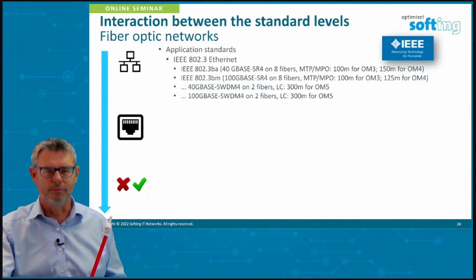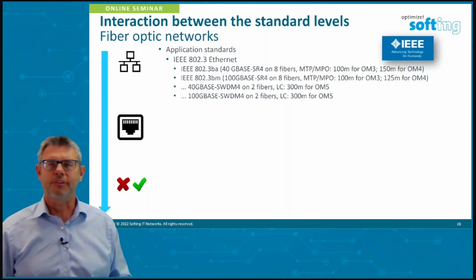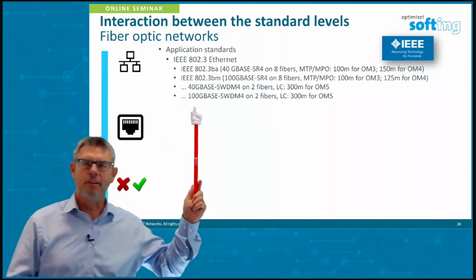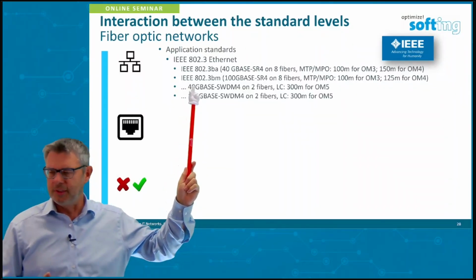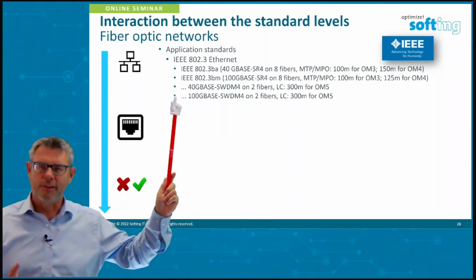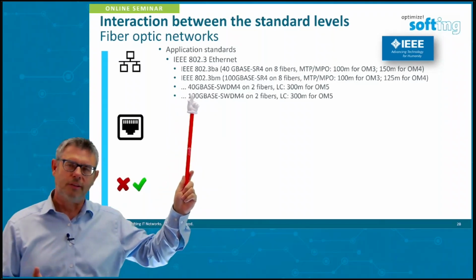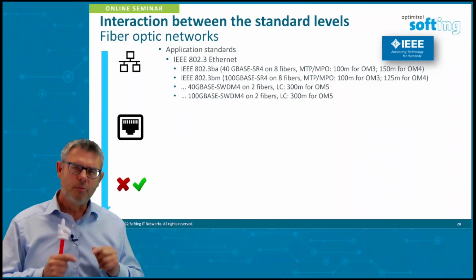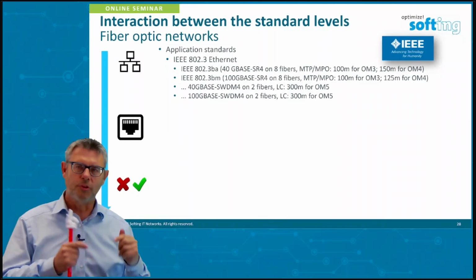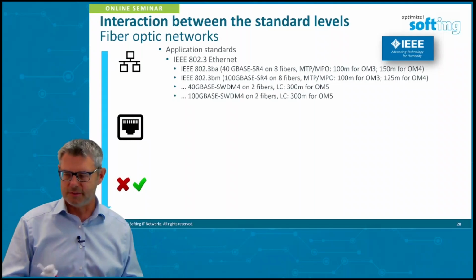Works from top down. So starting with the first level is the application standards. Here you see a bunch of IEEE Ethernet standards based on fiber optics, 40 gigabit, 100 gigabit, and so on. All these active standards have in their standards already defined a minimum requirement for the cabling which can be used to transmit that signals.